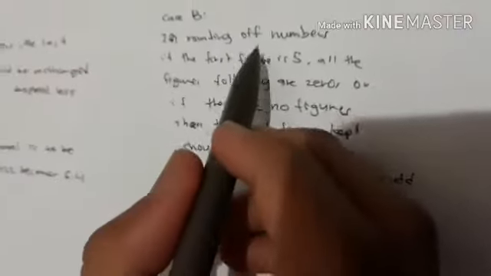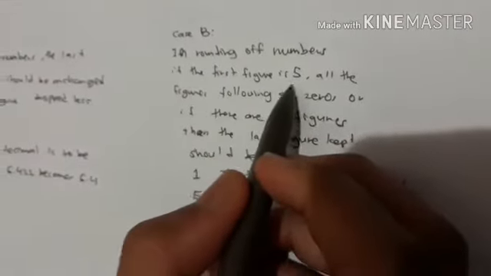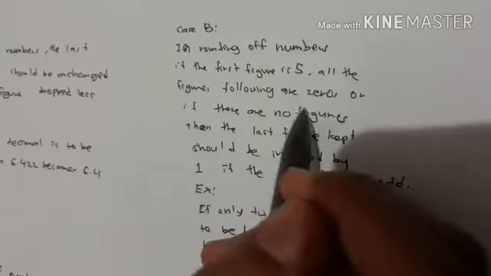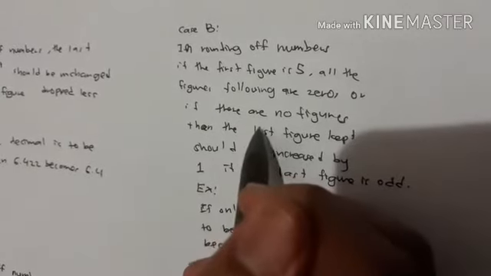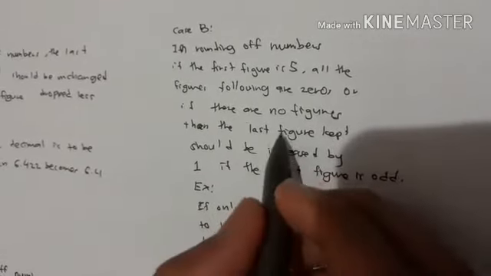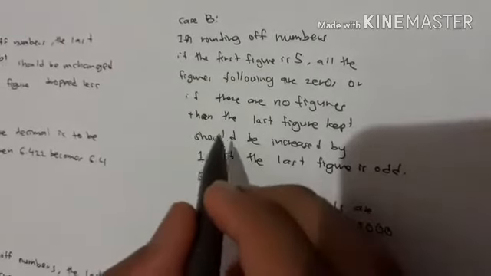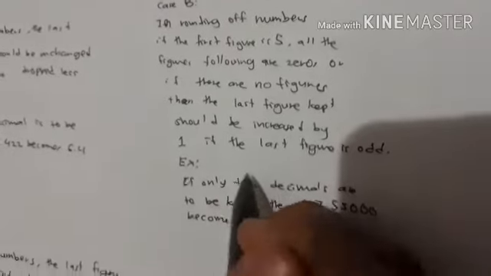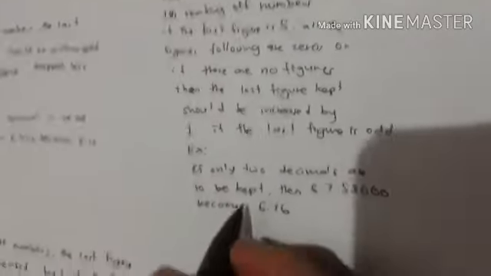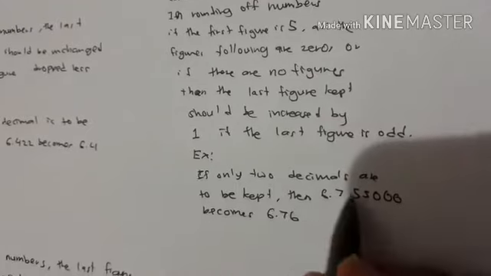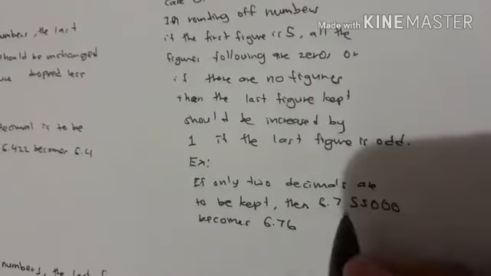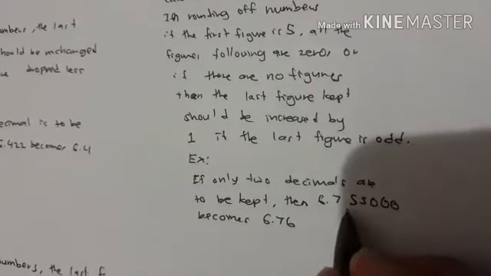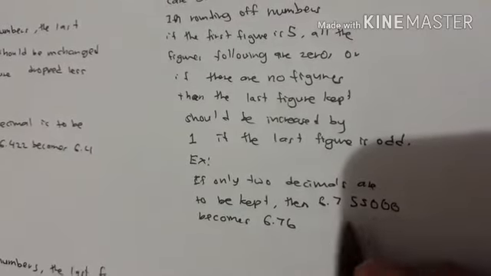Okay, the second case is if rounding off a number where the first figure dropped is 5, and all the figures following are 0, or if there are no figures, then the last figure kept should be increased by 1 if the last figure is odd. If only two decimals are to be kept, then 6.755000 becomes 6.76.